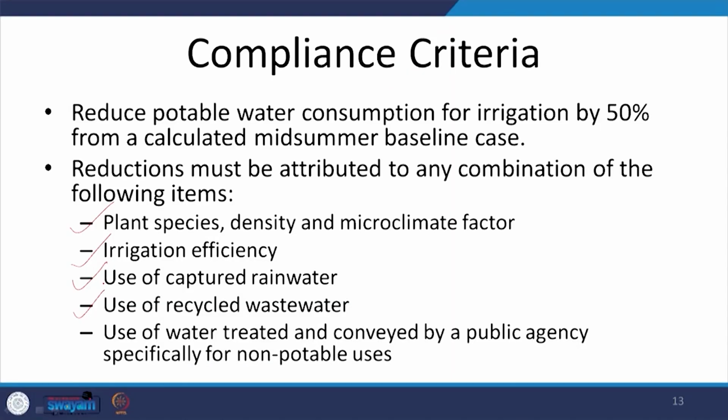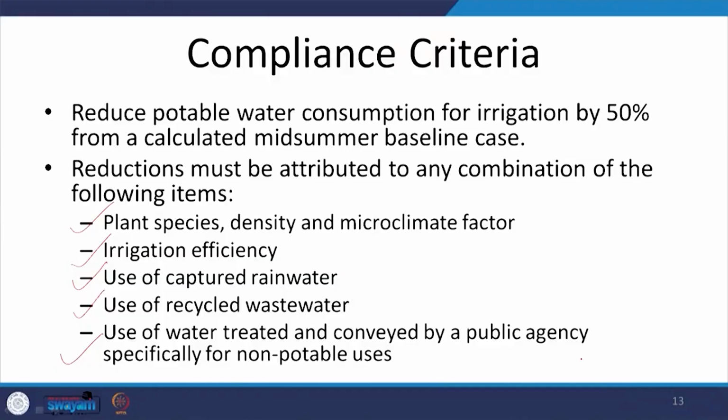It could also be done through the use of recycled wastewater. So all the wastewater, grey water and black water which is generated from the household may be treated, and then it can be used back into the irrigation system. And then use of water which is treated and conveyed by a public agency specifically for non-potable uses.